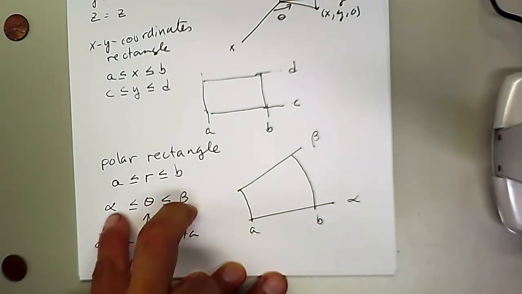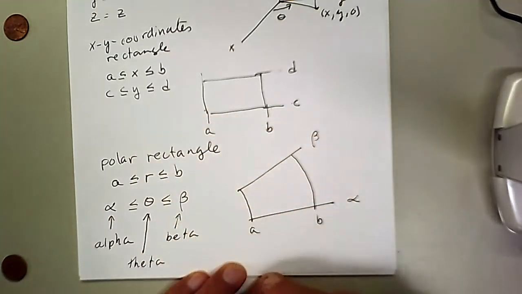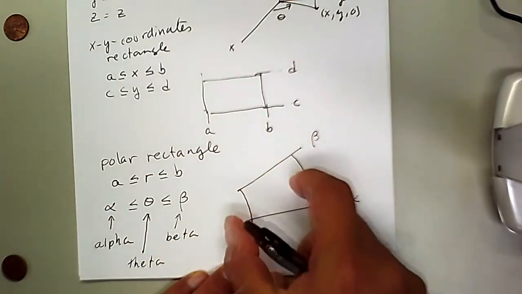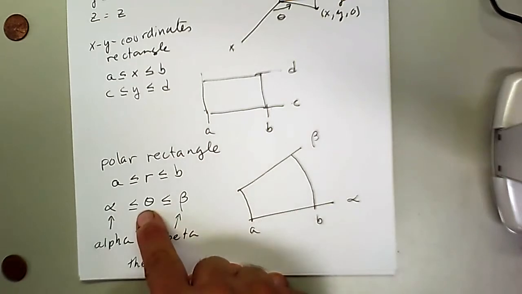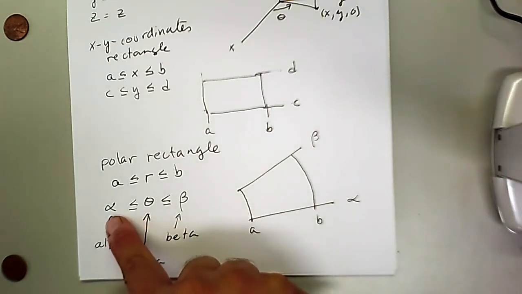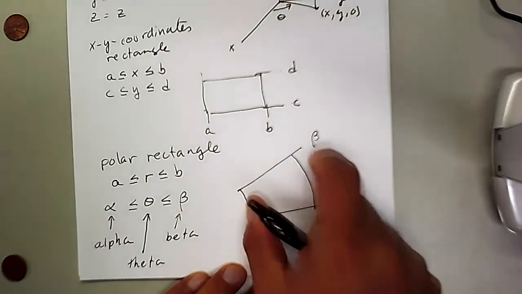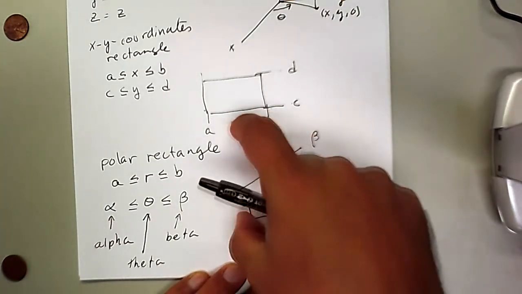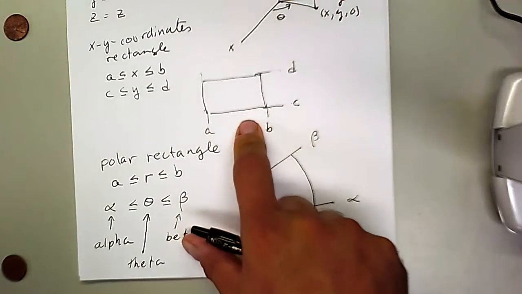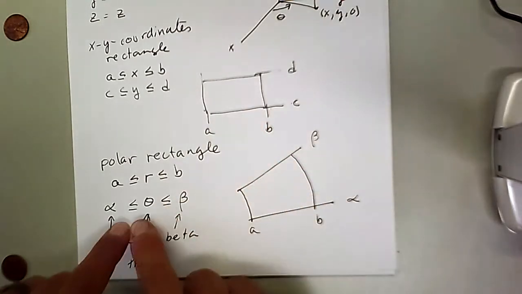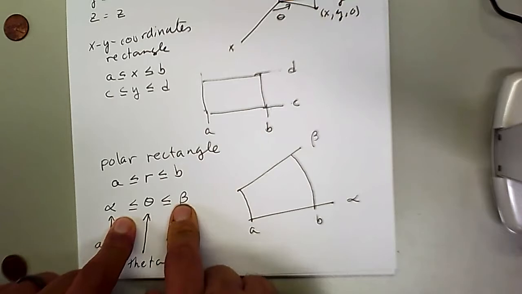The width of theta cannot be more than 2 pi, because once you go more than 2 pi, you start overlapping over itself, and we don't really want to do that. Theta doesn't have to go from 0 to 2 pi. It can go from any angle, like pi over 2 to 5 pi over 2. As long as the gap between the two is 2 pi or less, we're good.